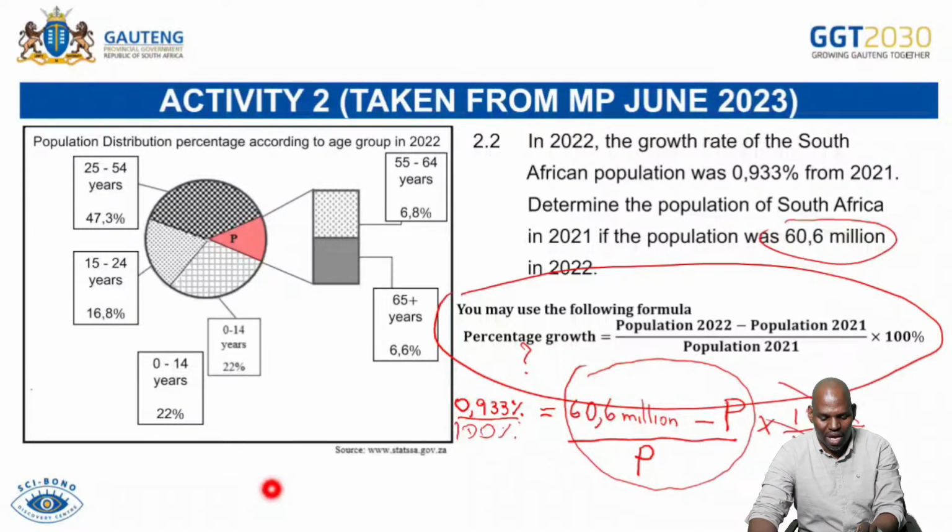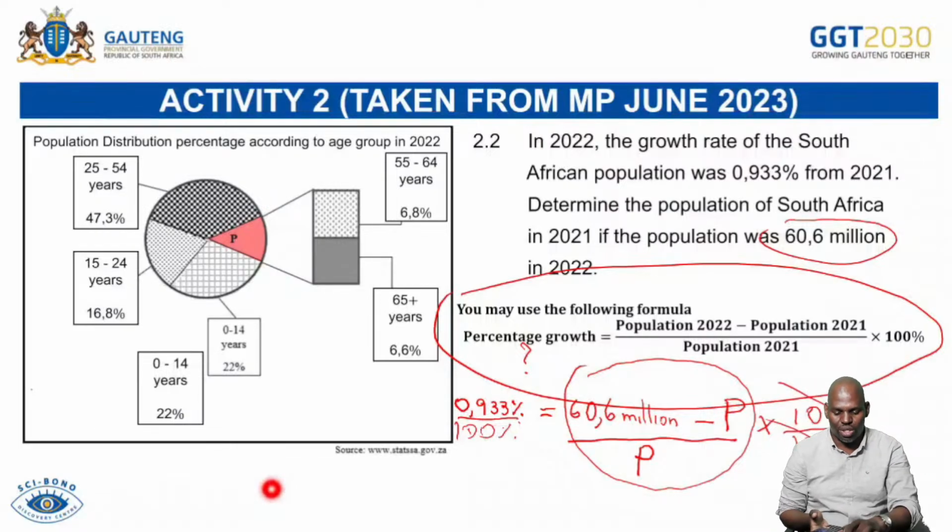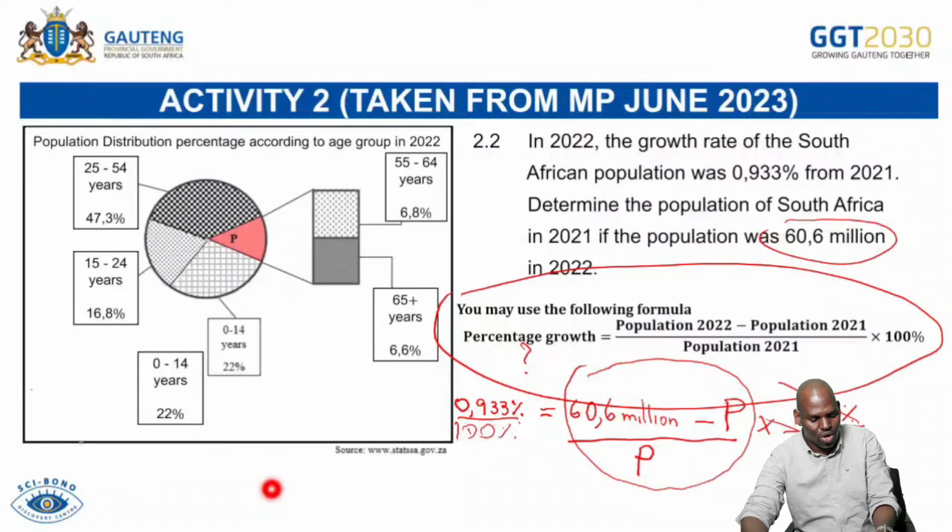If I take 0.933 and divide it by 100, it's going to give me, for the sake of the space, I'm going to move a little bit to my left hand side. If you take your calculator, you say 0.933, you divide it by 100, then you should get 0.00933.